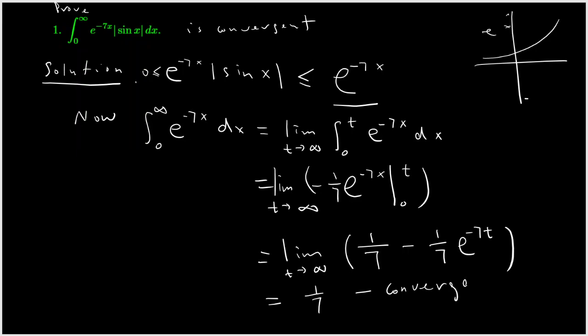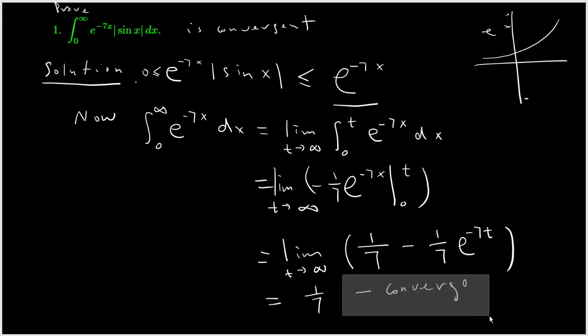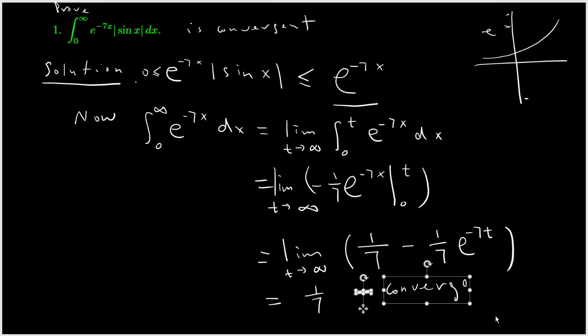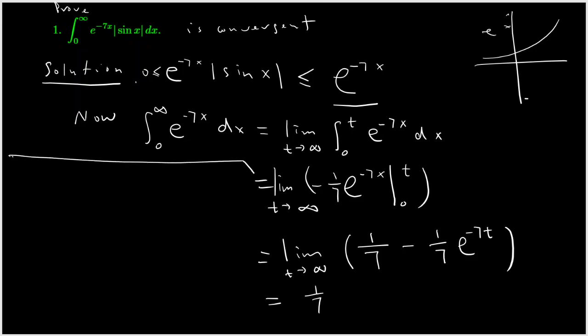I will write the full sentence. So the type 1 improper integral from 0 to infinity e to the power of negative 7x dx, that improper integral is convergent.